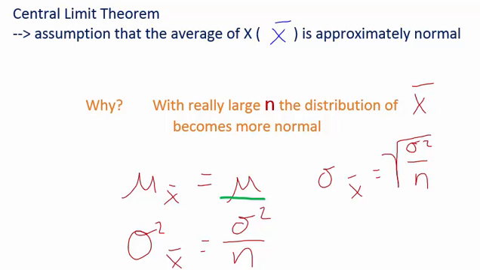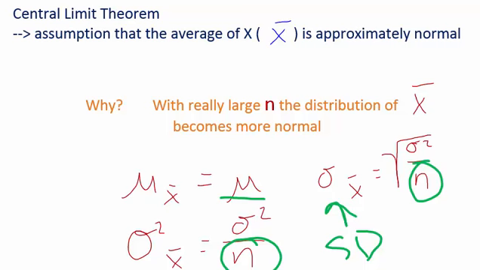However, when we use the variance for our average, we divide it by the number of observations that we have. Similarly, because the standard deviation is dependent upon the variance, we take the square root of the variance divided by the number of samples, and that is our standard deviation. So let's do an example.